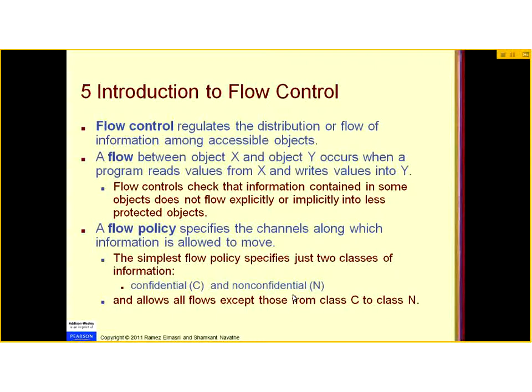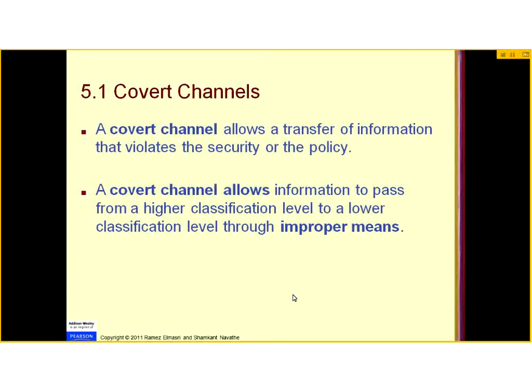So we need to have a flow policy, which specifies the channels along which the information is allowed to move. We can maintain two classes, confidential (C) and non-confidential (L), and we allow all flows except from C to L. If you allow the confidential class to flow to the non-confidential class, this can be dangerous.